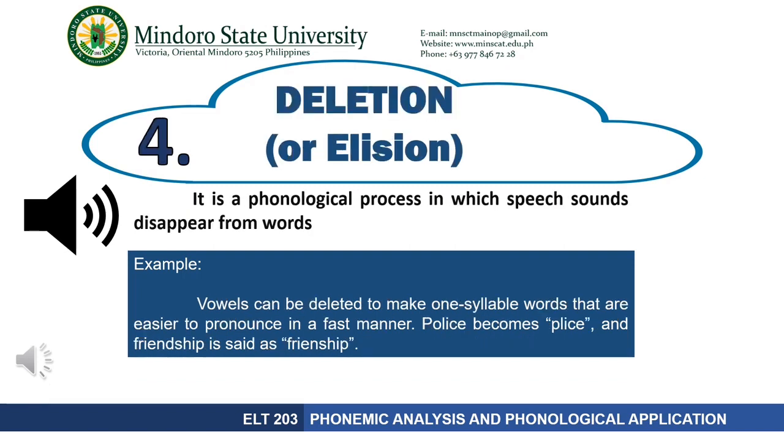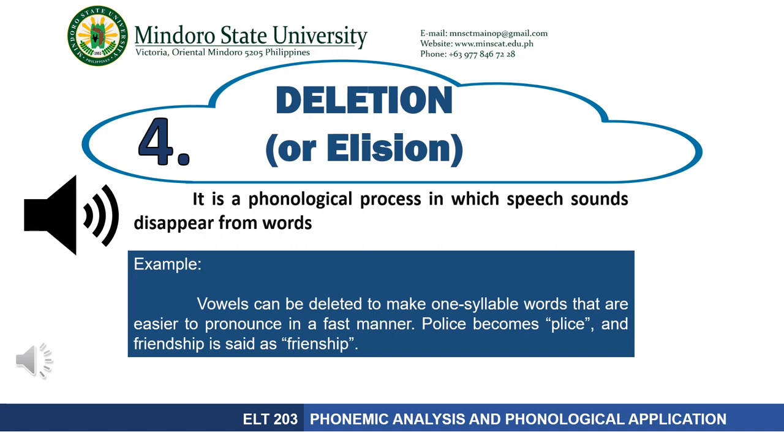If we have insertion, or inserting a letter to a certain word, we also have deletion or elision. Elision means omission of a sound or syllable. Same with the other phonological rules, it is also a process in which speech sounds disappear from words.